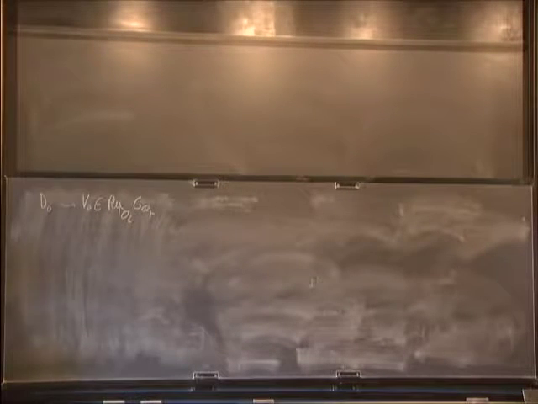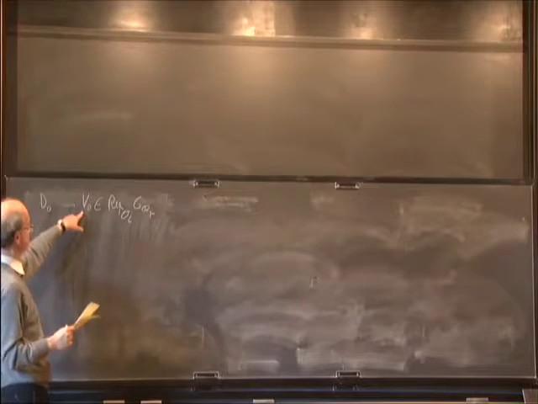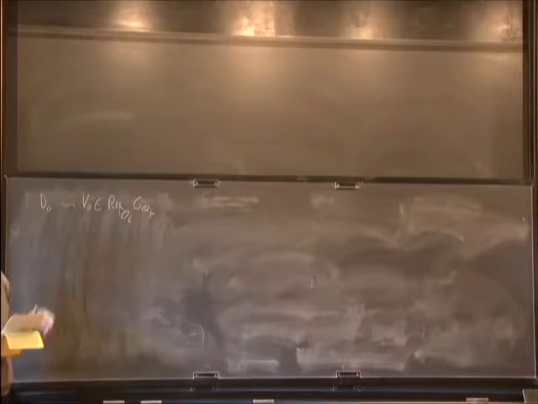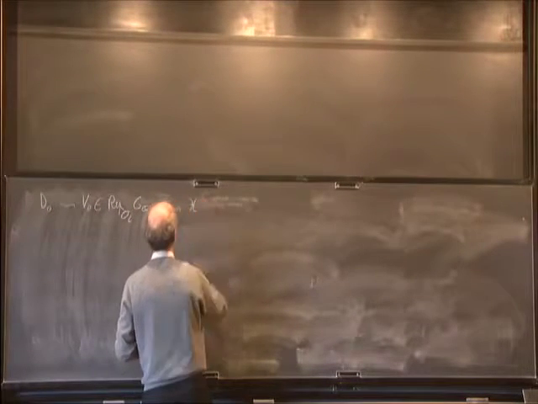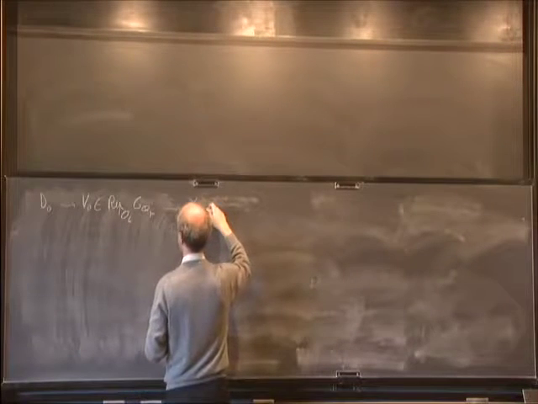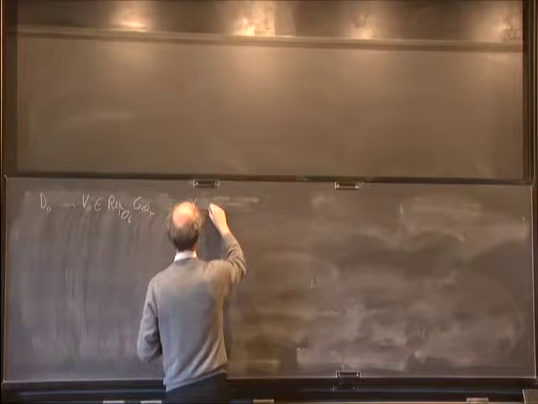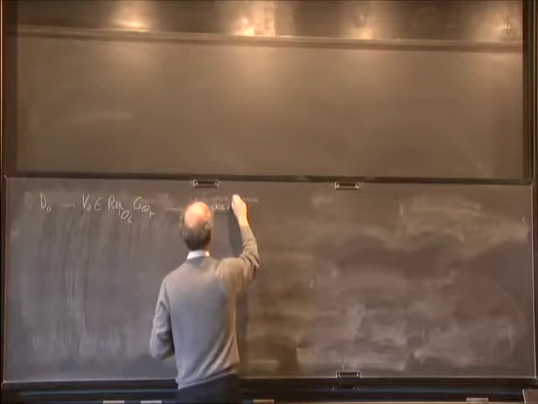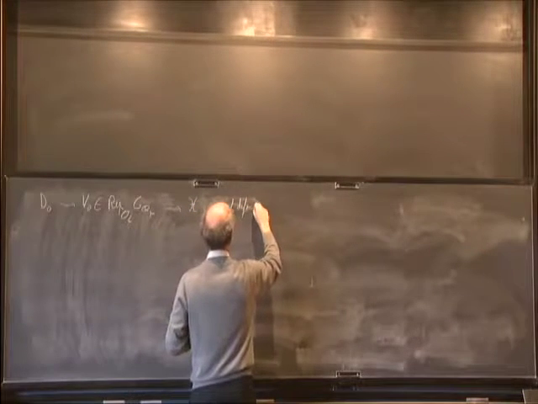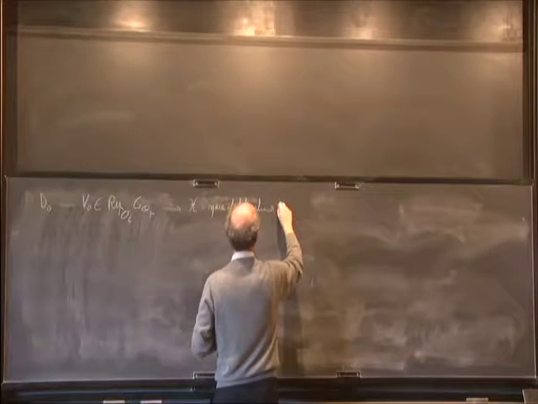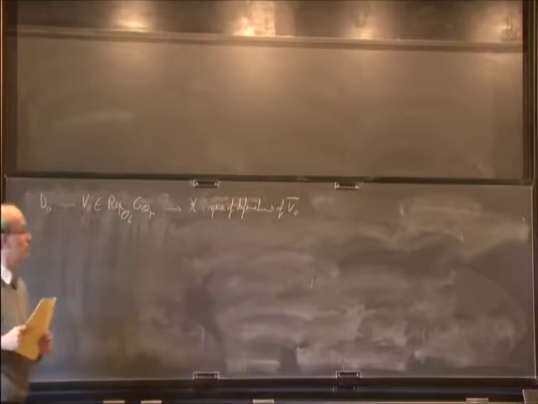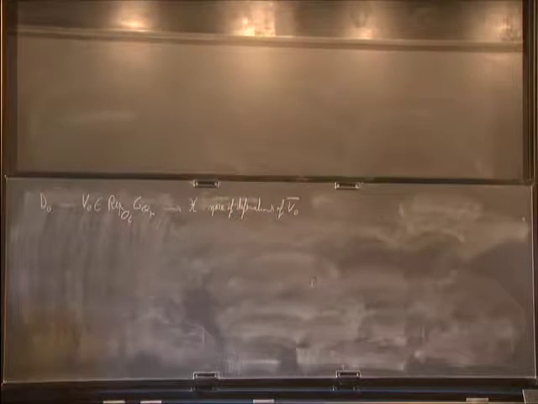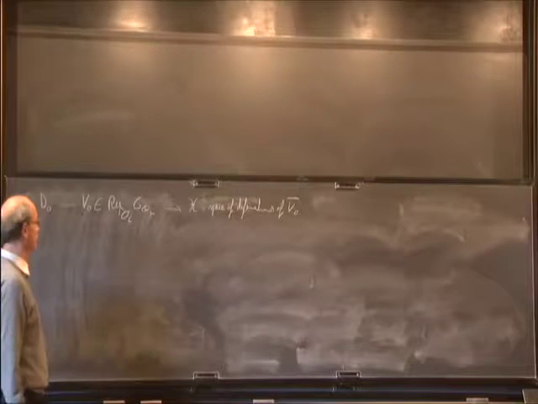Then you can look at the space of deformations of V naught bar. So you take X to be the space of deformations.